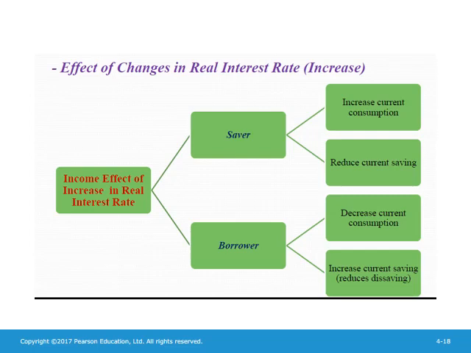Treat it as the borrower expecting a decrease in his future income because the real interest rate is higher. The other way around, the saver is expecting an increase in his future income because R is higher and he's saving a positive amount, which will drive him to increase his current consumption and thus reduce current savings.